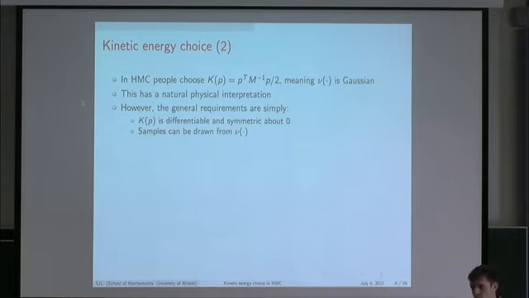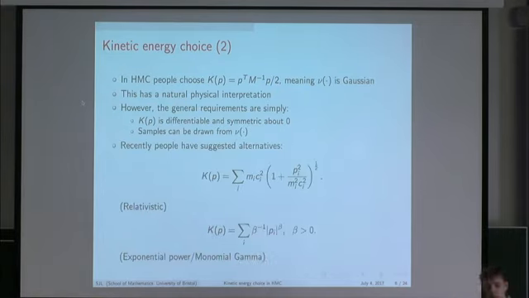But if we're just using Hamiltonian dynamics as a mechanism for sampling from a distribution of interest, we can drop the physical interpretation to some degree and ask what we really need K to satisfy. Actually all you need is for it to be differentiable, symmetric about 0, and so that you can sample from it. So there's quite a lot of flexibility there.